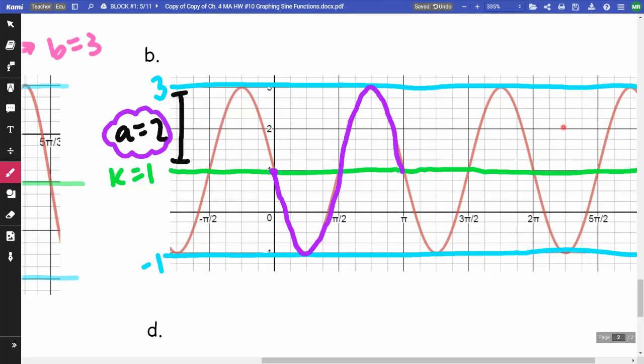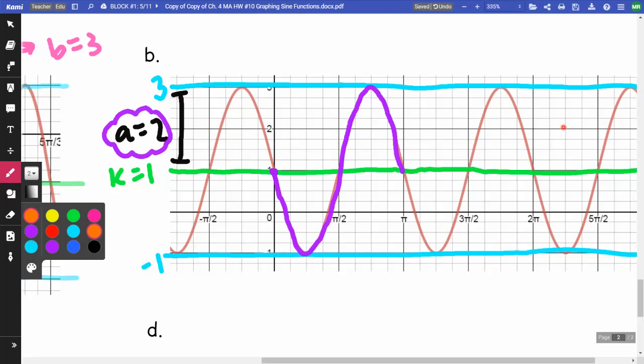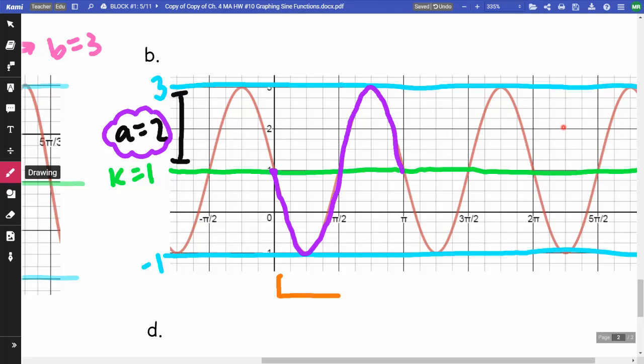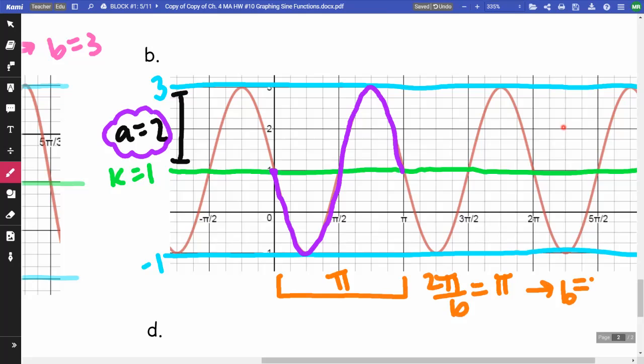Then if I'm looking at my period, it is how long it takes to get one cycle. And so that is pi. And I know my period is 2 pi over b, which is equal to pi in this case. If I work this out, I'm going to end up getting my b is equal to 2.